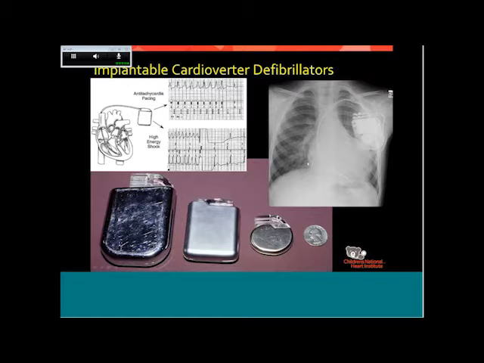I sort of joke that it's the cardiologist in a box, because it's always just sitting there in their chest monitoring them. So they don't need to wear external Holter monitors. They don't need to wait for someone to bring an AED around. It's there, and as soon as they go into an arrhythmia, it'll watch, it'll detect, and treat. They've really come down substantially in size so they can be put in small children.